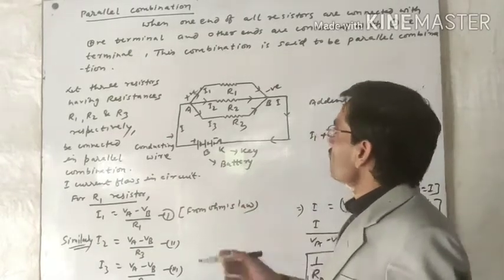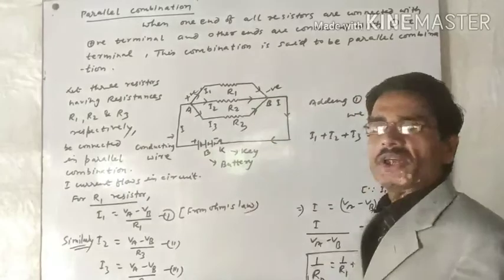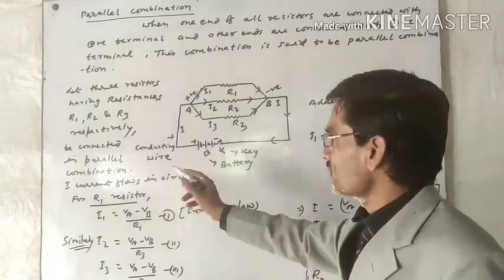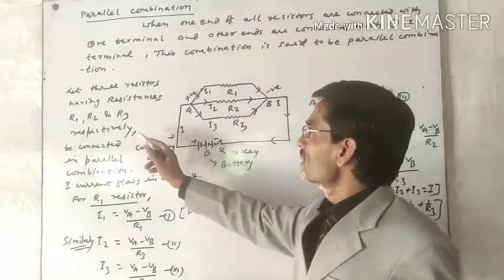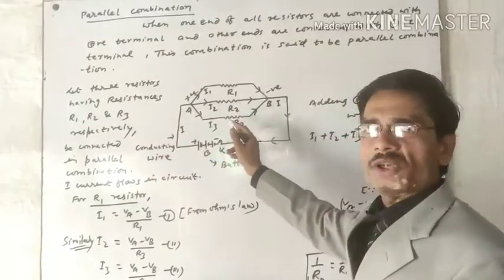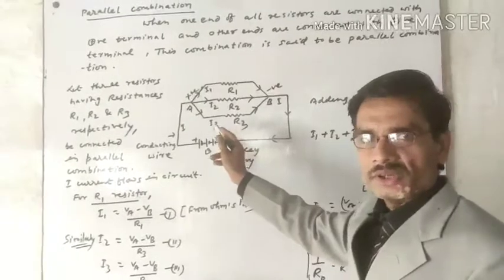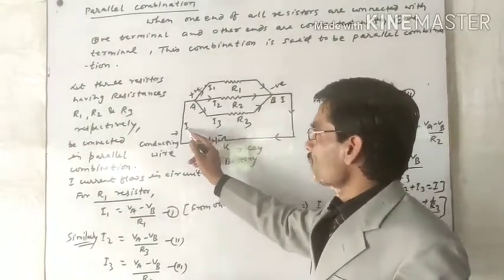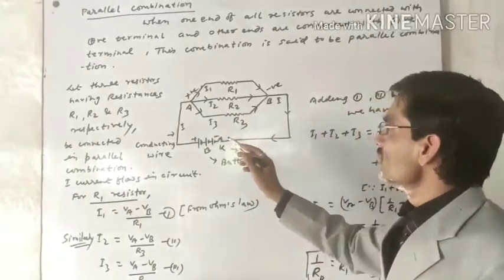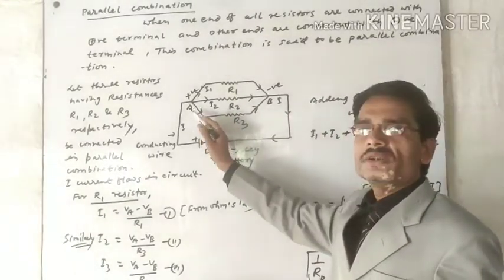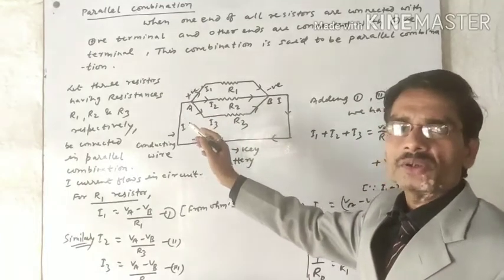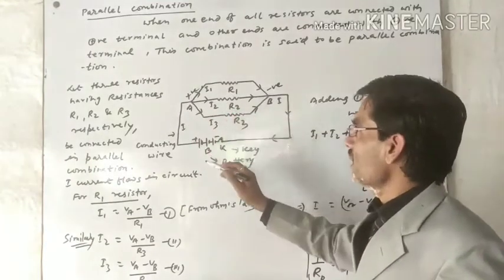Here, let R1, R2 and R3 be the resistances of three resistors which are connected in parallel combination. In the circuit, I current flows. This I current is divided into three parts, I1, I2 and I3.